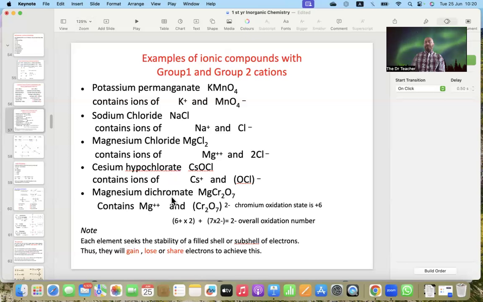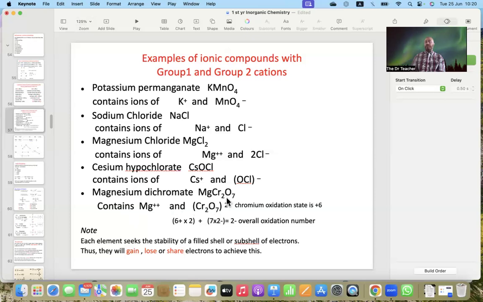Magnesium dichromate. I remember dichromate is -2. How? Because it gained 2 electrons from magnesium, the oxidation state of magnesium +2. It means magnesium can lose 2 electrons in one go. These 2 electrons, when lost, came to the dichromate.